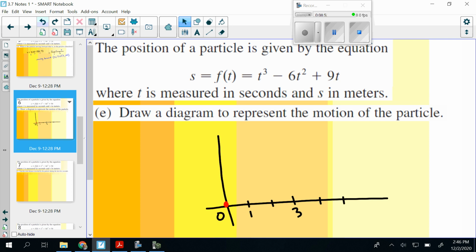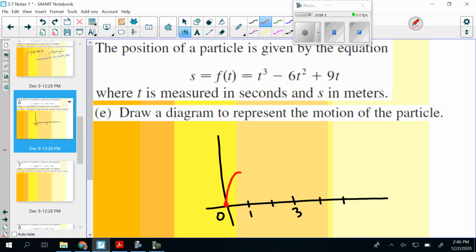At 1 and 3 the velocity is 0, meaning we're going to have a change of direction at those. And then we know it's moving positive, or forward, with positive slope between 0 and 1, and negative between 1 and 3. So my guess is it's going to go up.